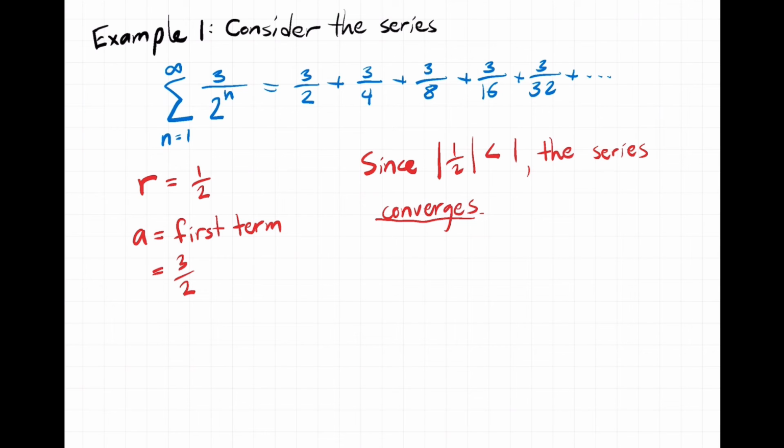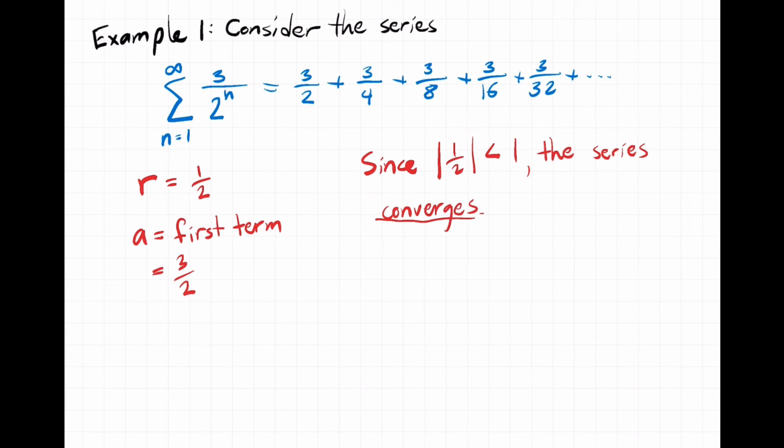So your answer to any of these questions should look like the following form. Because of this fact, or this theorem, in this case, since this is a geometric series where the absolute value of r is less than 1, the series converges by the geometric series theorem.